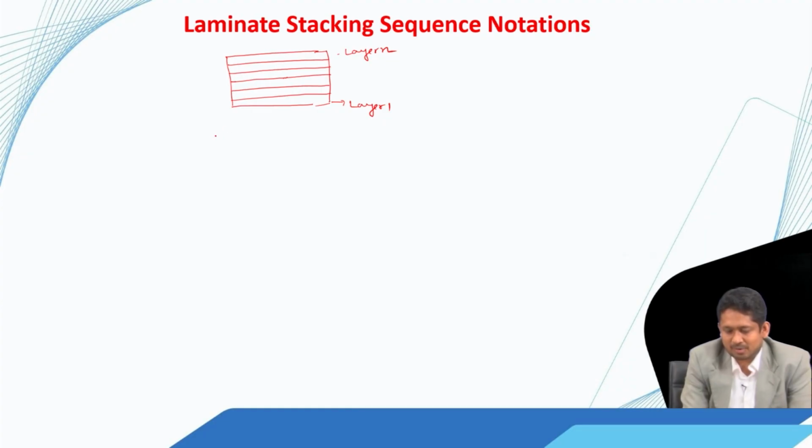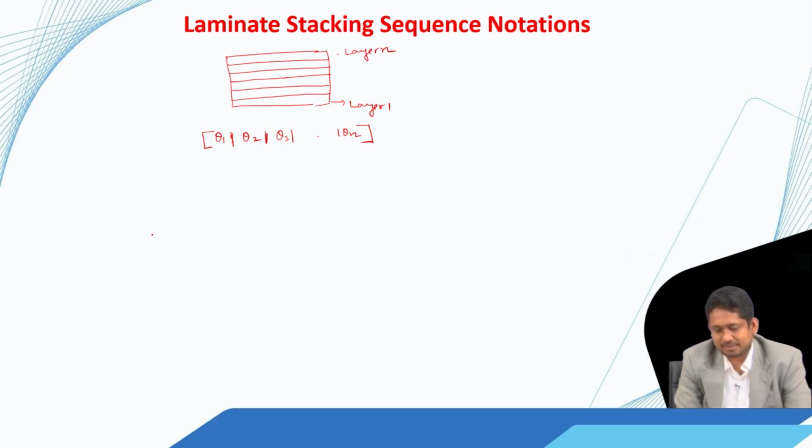Layer 1 has orientation theta 1, layer 2 has orientation theta 2, layer 3 has theta 3, and we go up to theta n. So, when we write it in this form using the notations through which a lamination sequence is denoted, we have to write it like this. We put it under square brackets and then we separate them by these vertical lines.